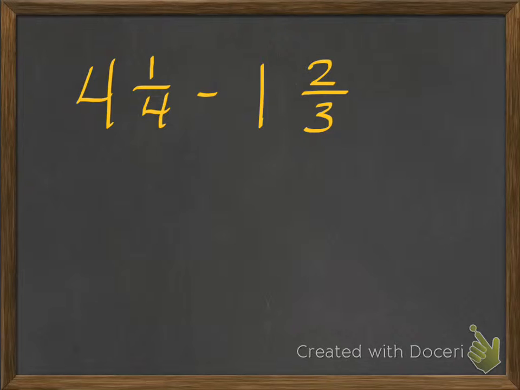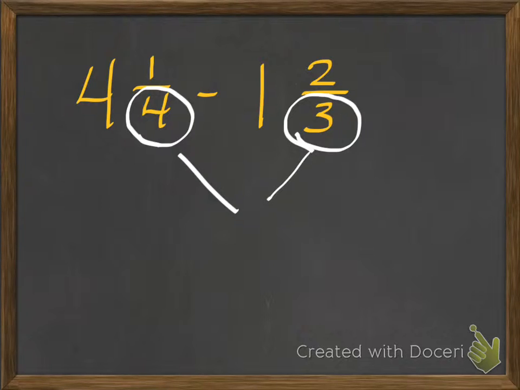Now you will notice right away that the denominators are different. And just like when we are adding fractions, if the denominator is different, we're going to have to find a common denominator that both 4 and 3 can go into.